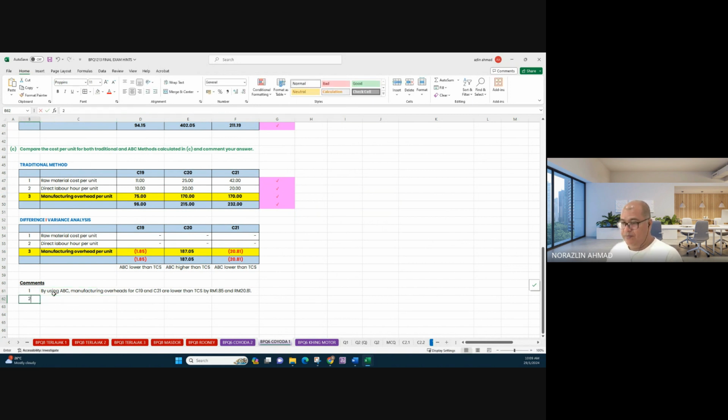Okay, one. It is because by using ABC, manufacturing overheads for C19 and C21 are lower than TCS by 1.85 and 20.85.